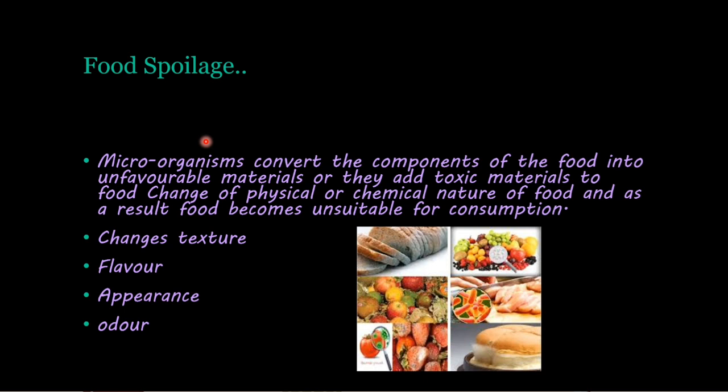So microorganisms convert the components of the food into unfavorable materials, or they add toxic materials to food, changing the physical or chemical nature of food, and as a result, food becomes unsuitable for consumption. You can see here some foods that are not suitable for consumption. The main features of spoiled food are change in texture, flavor, appearance, and odor. All these four qualities are changed when the food is spoiled.